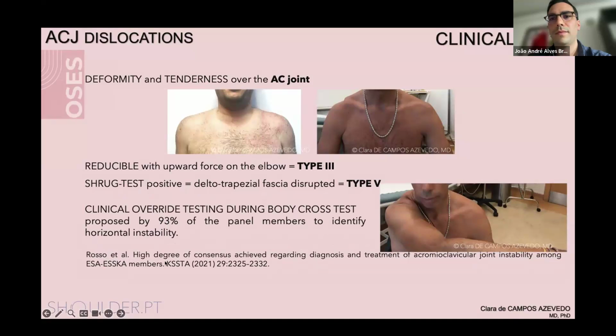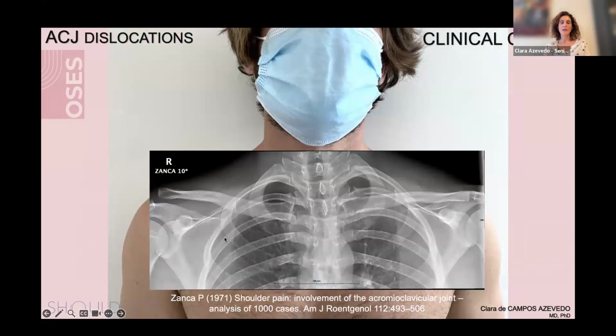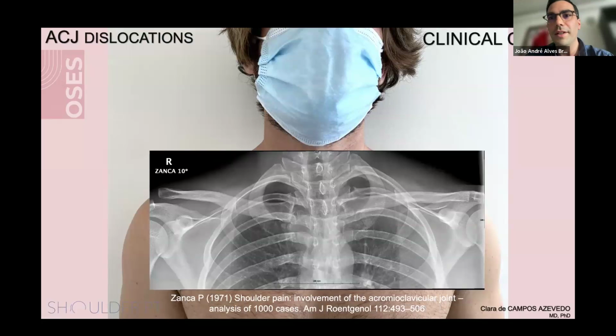Actually in this study by Rosso and colleagues from the SECEC members, 93% of the panel agreed that this is the best test to identify horizontal instability. So exams, I agree with you. This is what we ordered. And now, again, João, what do you think about this Zanca X-ray? So I believe the exam is done correctly.